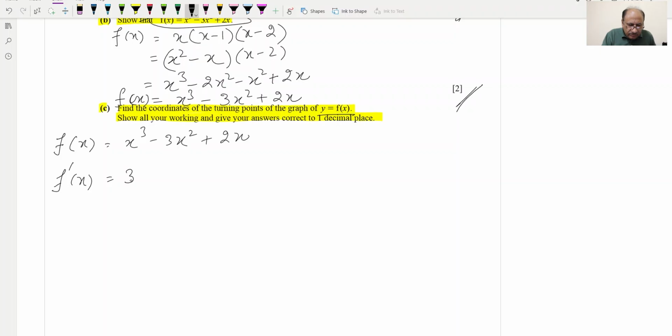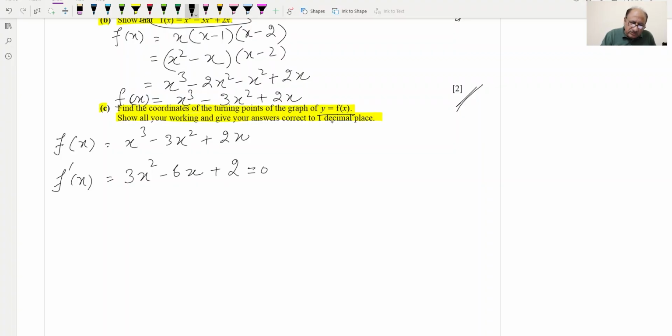And this will be 3x squared minus 6x plus 2, since we are taking the derivative. The power 3 is pulled down first, and x is raised to 3 minus 1, which is 2. Similarly, 3 into 2 will be 6, and x raised to 2 minus 1 will be 1. Plus the derivative of 2x, which is 2, and we put this equal to 0.